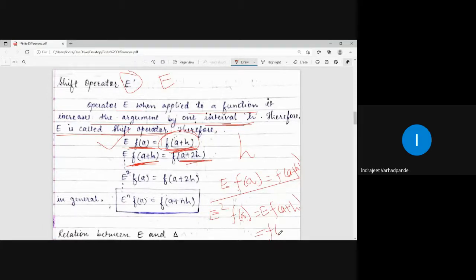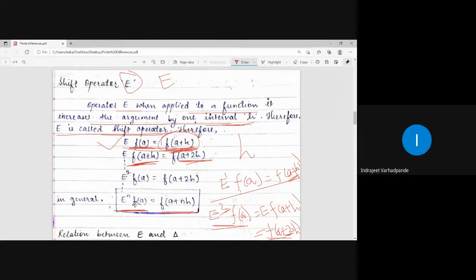So here what will we get? f of a plus 2h. So E of f of a is f of a plus h. E square of f of a is f of a plus 2h. In general, E to the power n of f of a is f of a plus nh. आप देखोगे यहाँ पर 1 है तो a plus h, 2 है f of a plus 2h.